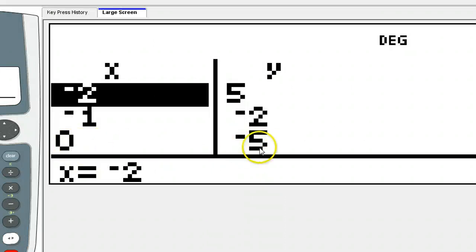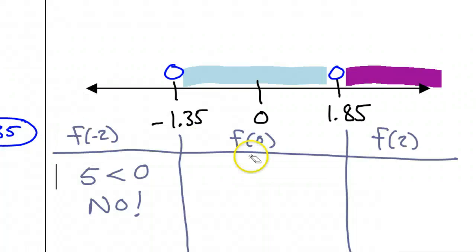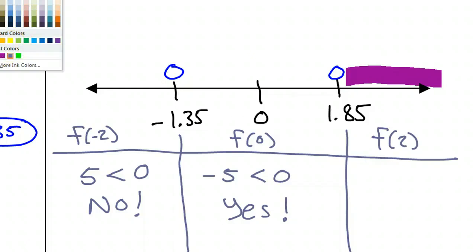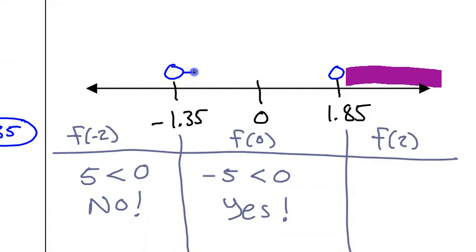At 0, we have a value of negative 5. Is negative 5 less than 0? Well, yes it is. All negative numbers are less than 0. That means 0 is a solution, which means that all of these blue values are solutions. So I will show that these values are solutions by drawing a segment in here.